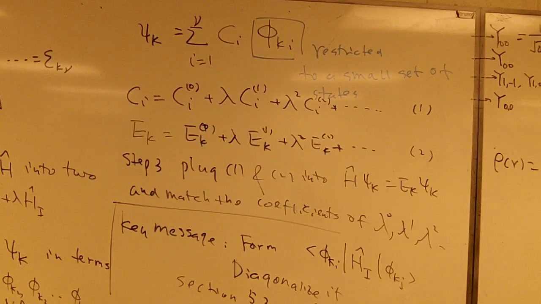For lambda to the 0th order, we have the summation of H naught hat c sub i at the 0th order phi sub i equals e sub k at the 0th order, summation of c sub j at the 0th order.